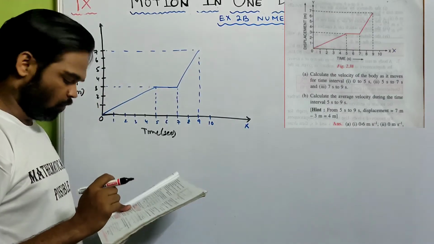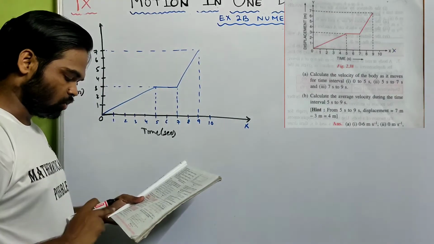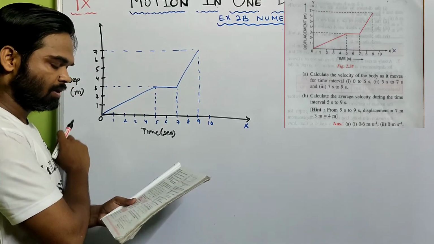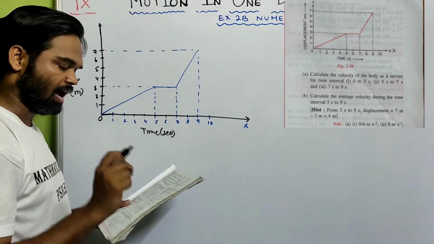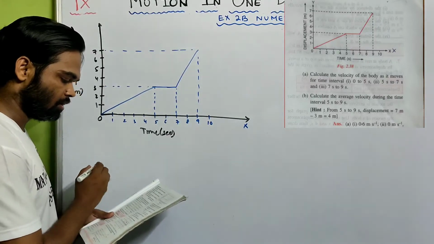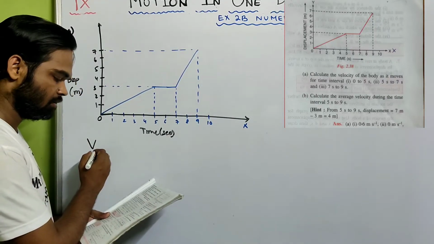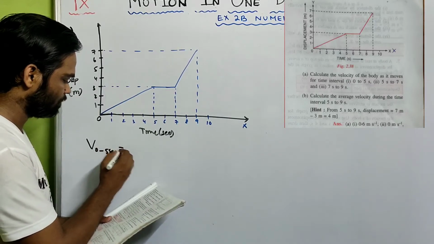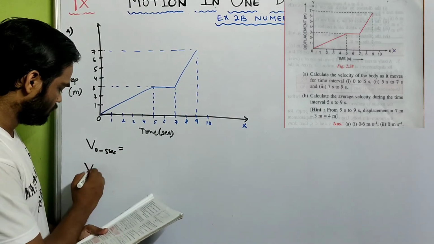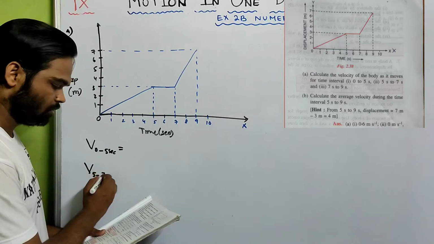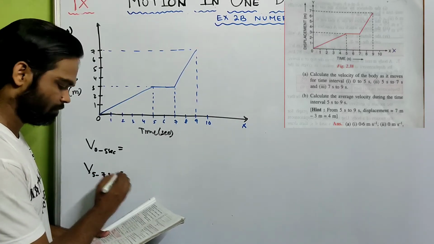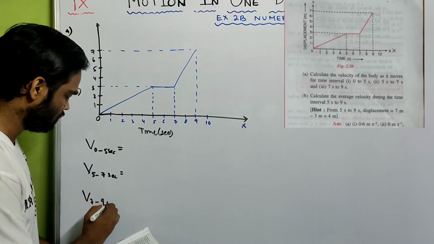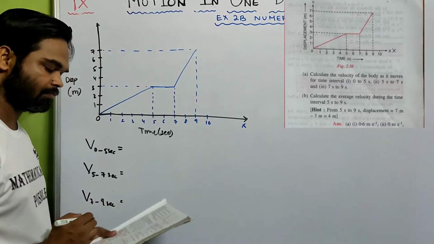Now look at sum number 4. This figure shows the displacement of the body at different time interval. Calculate the velocity of the body as it moves for time interval from 0 to 5 second, from 5 second to 7 second, and from 7 second to 9 second.